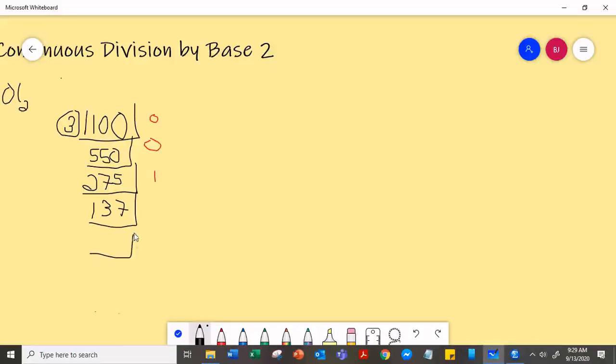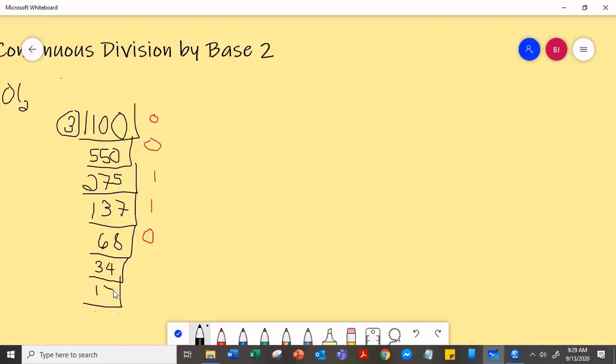137 divided by 2 would be 68, with a remainder of 1. 68 divided by 2 would be 34. That would be no remainder.